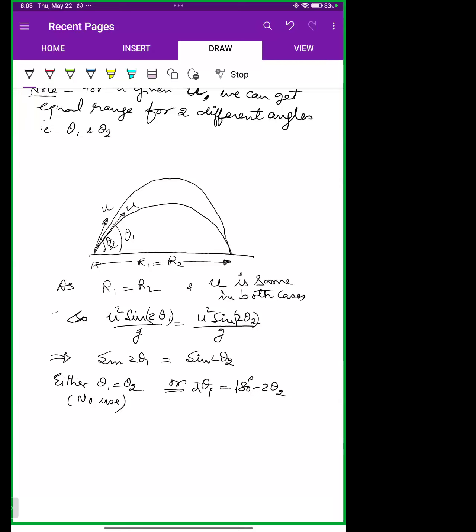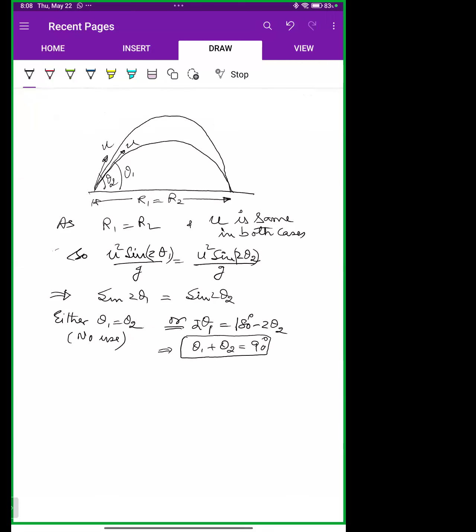So that means theta 1 plus theta 2 is equal to 90 degree. So theta 1 is equal to 30 degree and theta 2 equal to 60 degree.